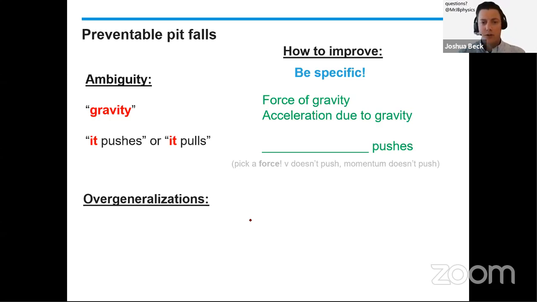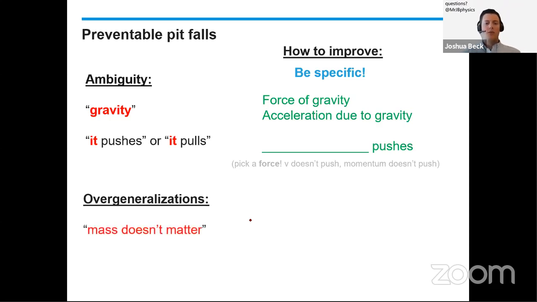Well, velocity doesn't push. It's not a force. It's not capable of pushing. Or we saw a lot of responses where it said the momentum of the spacecraft continues to push it around the circle at the constant speed. Well, momentum doesn't push. Only forces push. So if you're going to tell me that something's pushing or pulling, make sure you tell me what it is, and then make sure that the it you're telling me about is an actual force. Velocities don't push, accelerations don't push, momentums don't push.